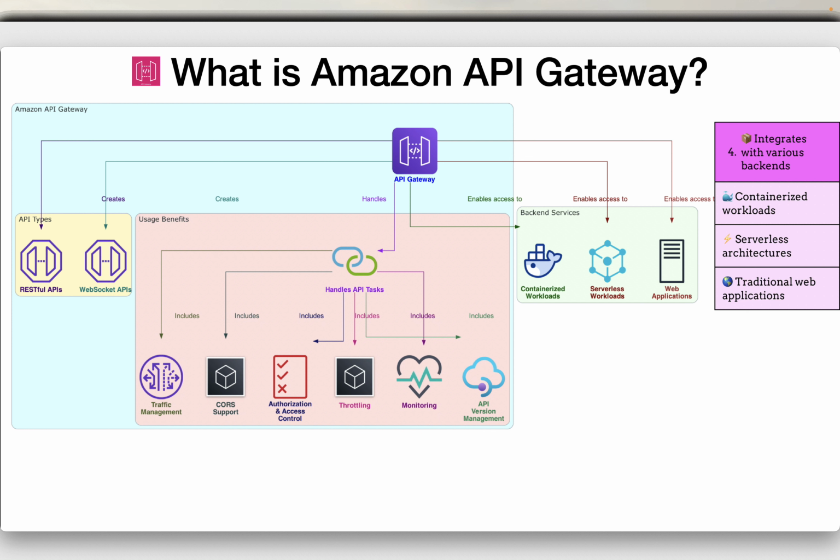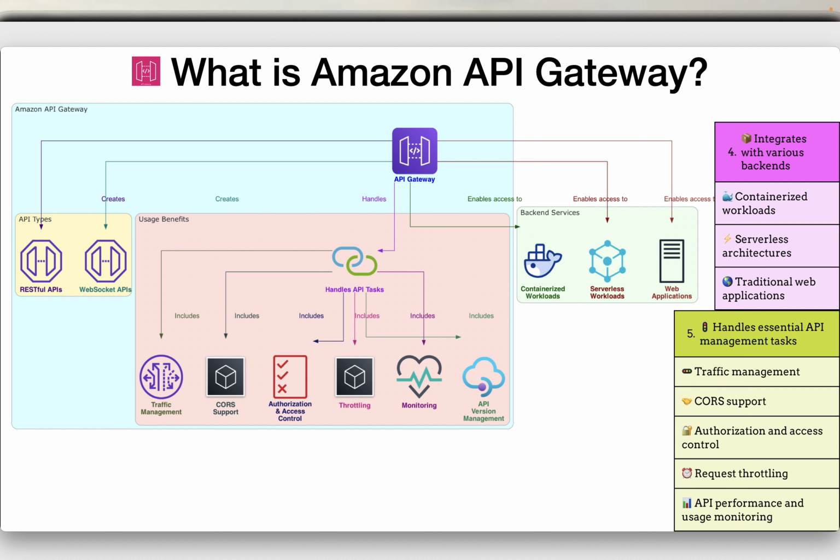API Gateway seamlessly integrates with various backend services, including containerized workloads, serverless architectures, and traditional web applications, making it adaptable to different application requirements. API Gateway takes care of essential tasks such as managing API traffic, supporting cross-origin resource sharing, CORS, handling authorization and access control, throttling requests, and monitoring API performance and usage.